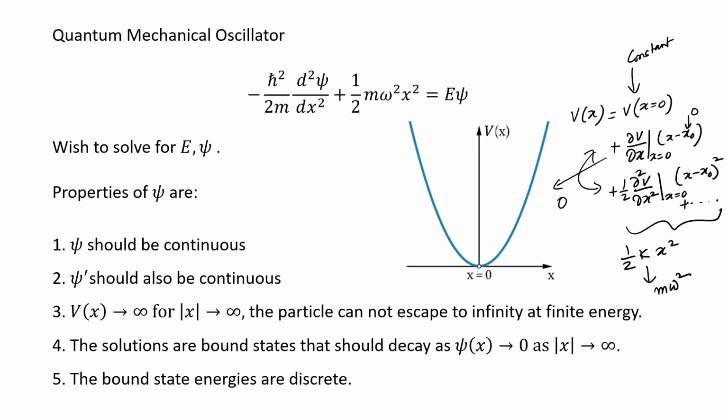So, half m omega square x square is the potential that the particle will feel in this kind of potential well. It is a harmonic potential well, and the particle cannot escape.